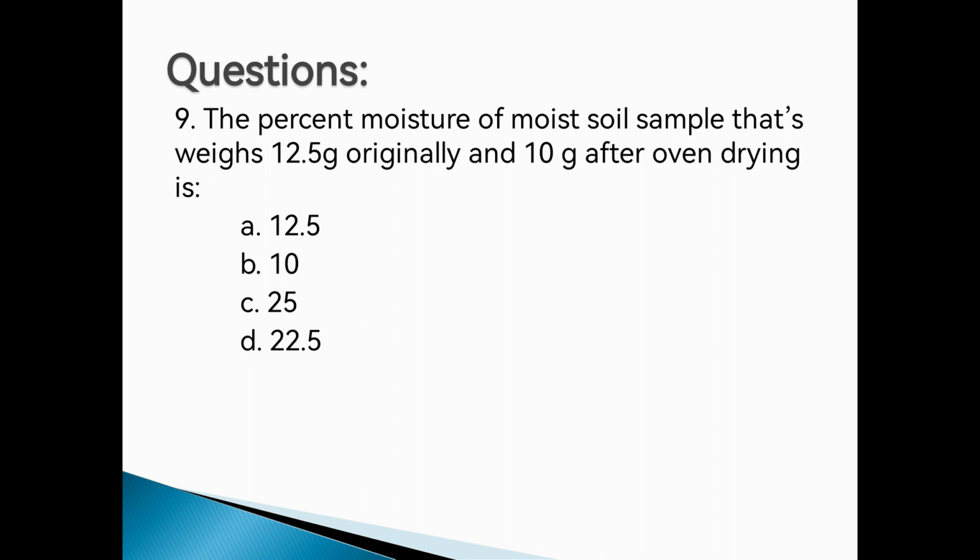So to calculate for the moisture content, that is equal to the fresh weight minus the oven dry weight divided by the oven dry weight. And the correct answer is C. 25. You can always pause, guys, the video if you need time.